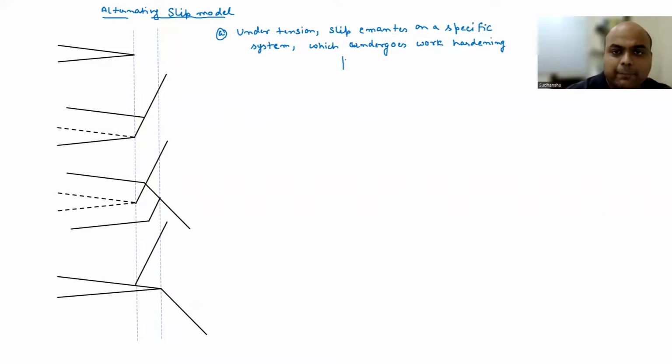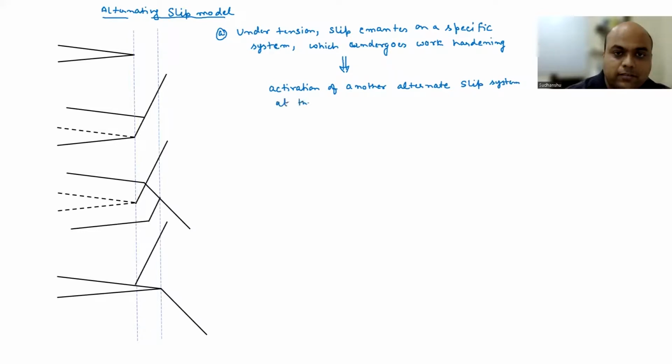Okay. And because it has gone for work hardening, the activation of another slip system is going to happen, right? So activation of another alternate slip system. And that's why this is called alternating slip model.